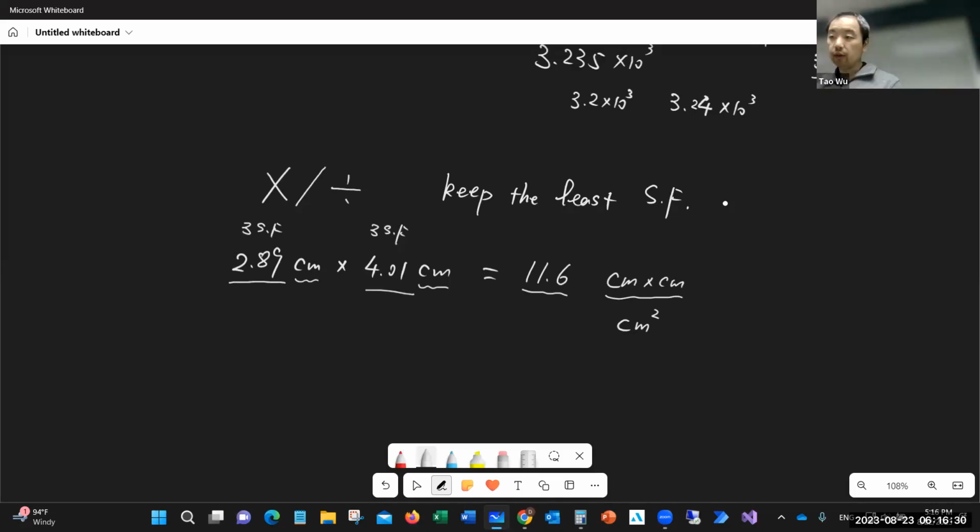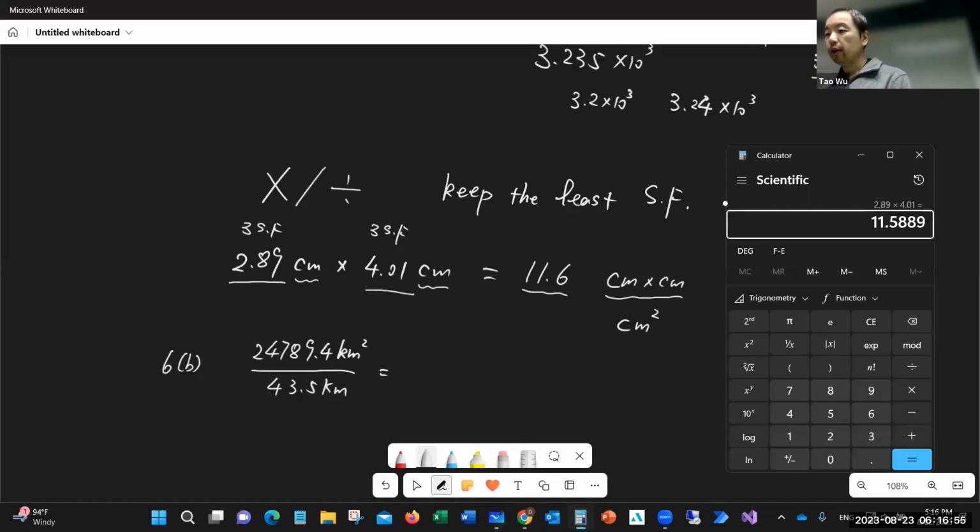We can have another one with division. Let's say 6b here. They have 24789.4 kilometer squared divided by 43.5 kilometer. You can put everything in the calculator first: 24789.4 divided by 43.5. You got this number.